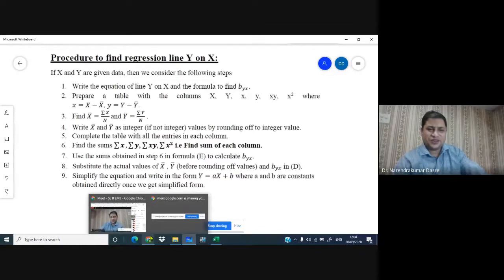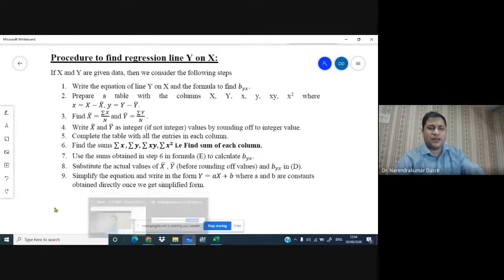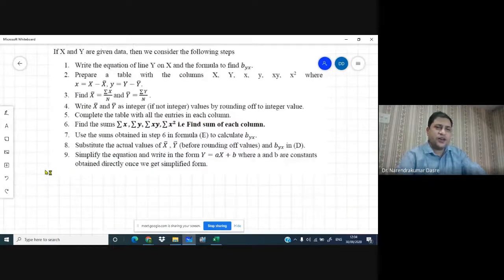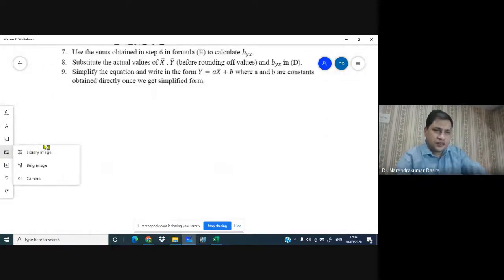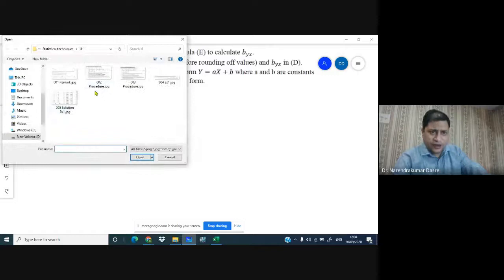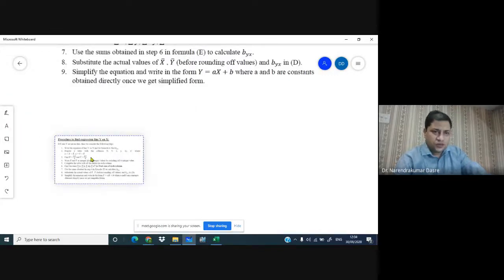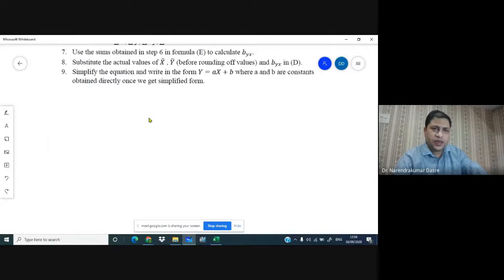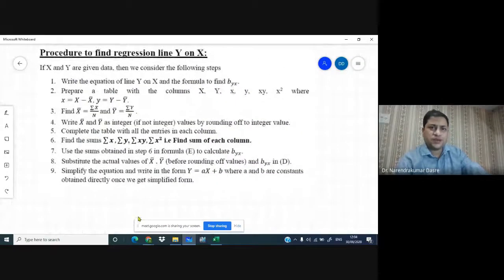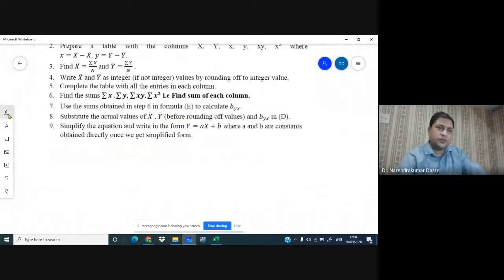Okay, good. Now we'll think of the next. We'll go for the procedure to find the line of regression of x on y. So x on y will be very similar to this.